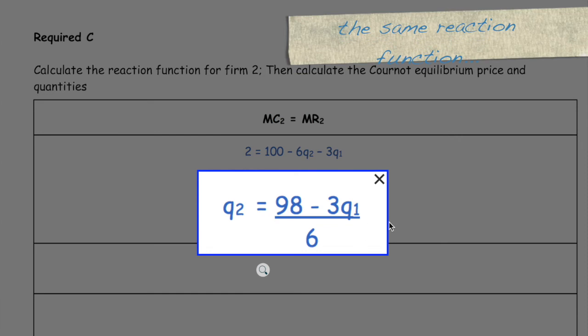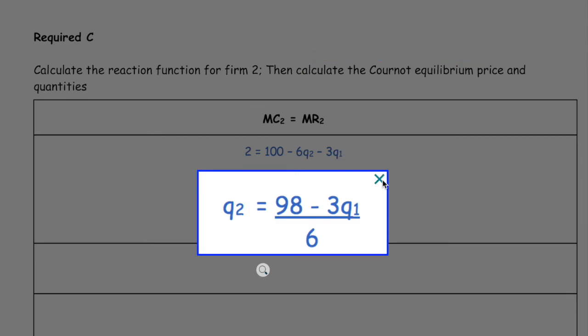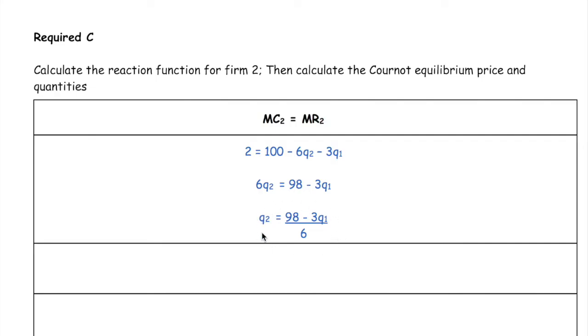Whatever is optimal for firm 1, the same is really going to be optimal for firm 2.